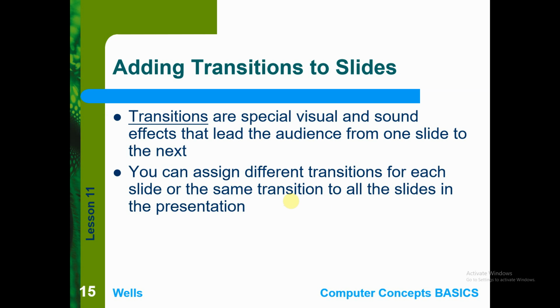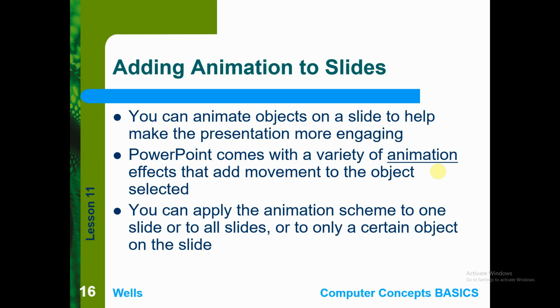Okay, for transition, naman ang bago ko ginang special visual and sound effects. Those are called transitions for your slides. That leads the audience from one slide to the next. It's called transitions, and you can assign a different transition for each slide or the same transition for all the slides in the presentation. So adding animation, the same animation object by clicking on it then choose the animation under the animation tab.